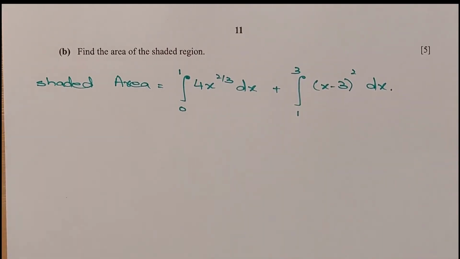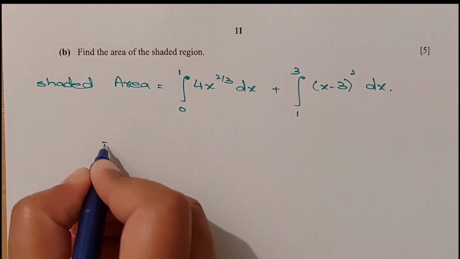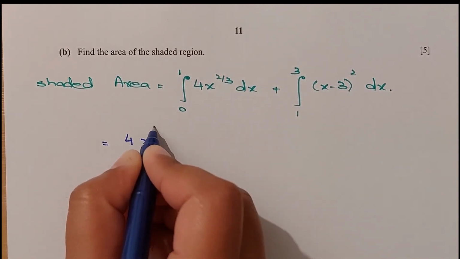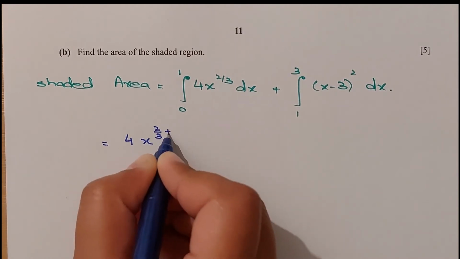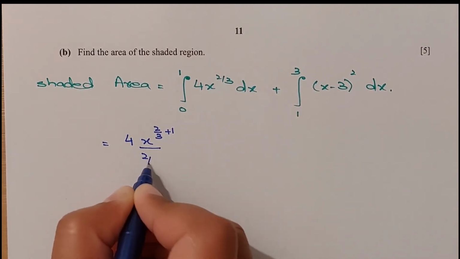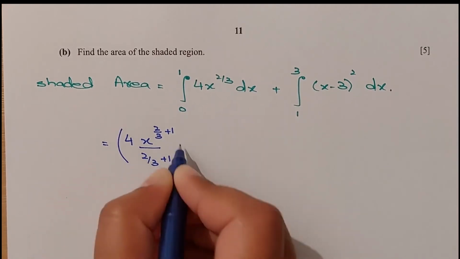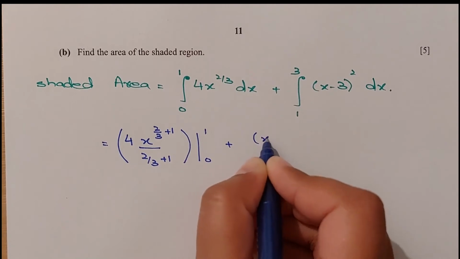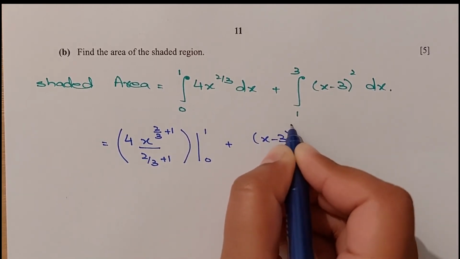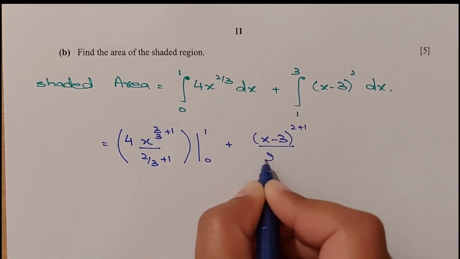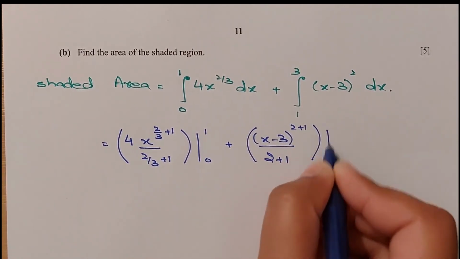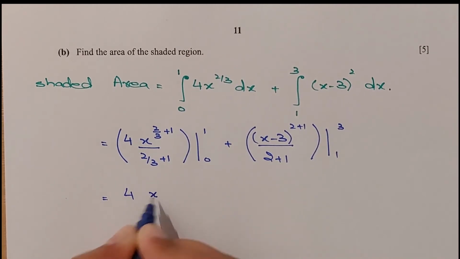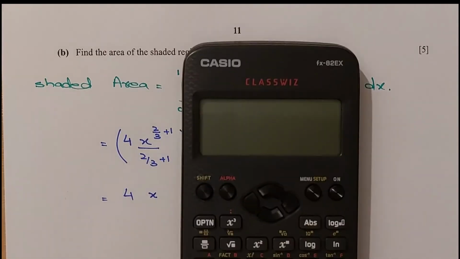Okay, let me simplify this. We have 4 and we have to use the power rule over here. So x to the power 2 by 3 plus 1, divided by 2 by 3 plus 1, with the limits substituted from 0 to 1, plus again the power rule, (x minus 3) to the power n plus 1, 2 plus 1 divided by 2 plus 1, and the limits are between 1 to 3. So here we have 4x to the exponent, what is 2 by 3 plus 1?